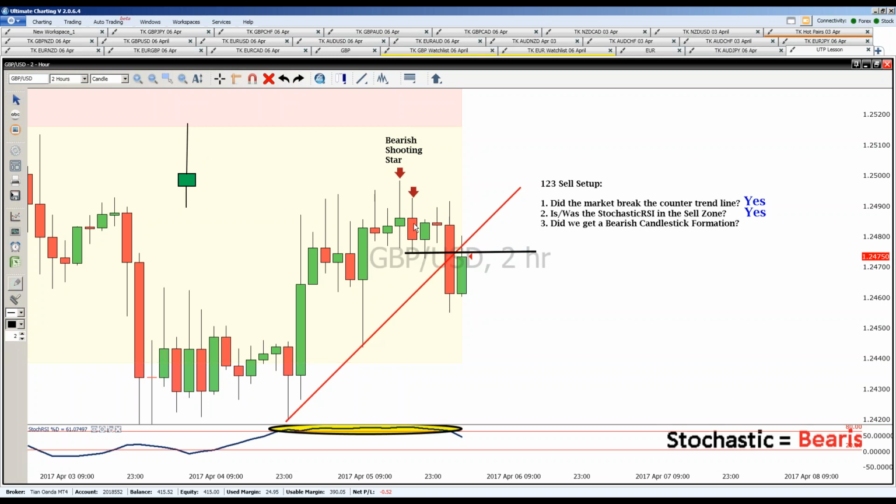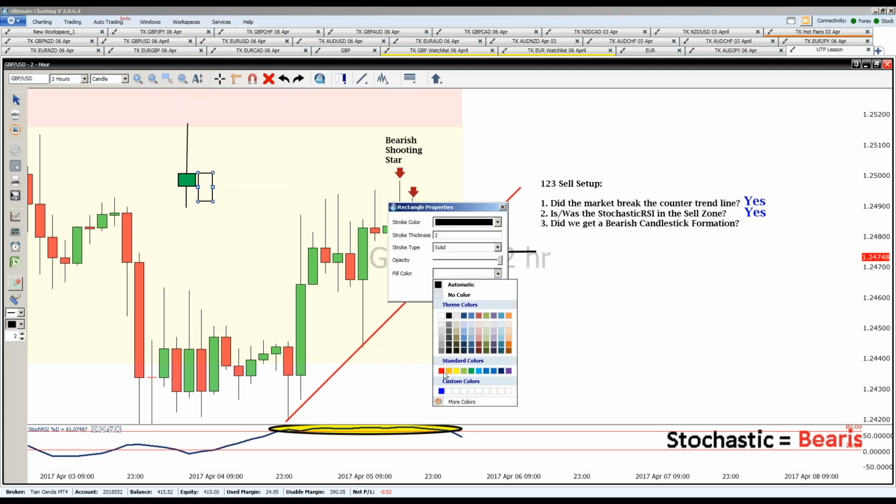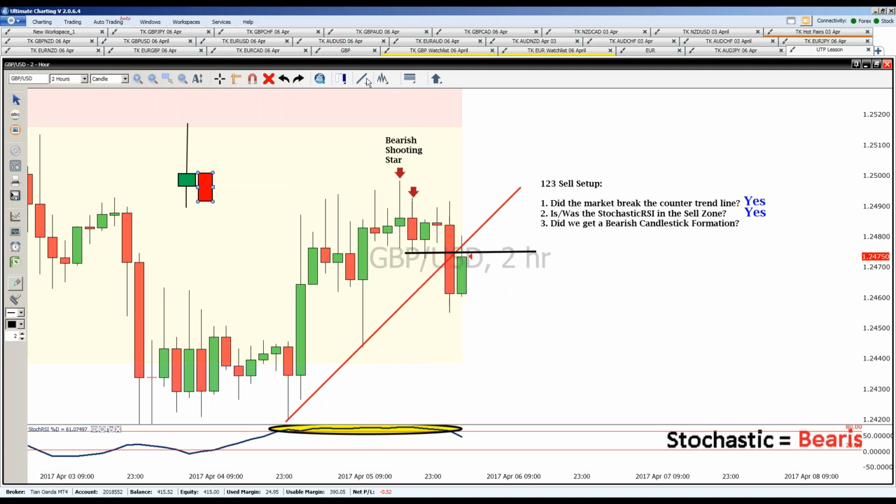And then the next candle over there was a bearish candle like that, and we had a wick to the top and a wick to the bottom.